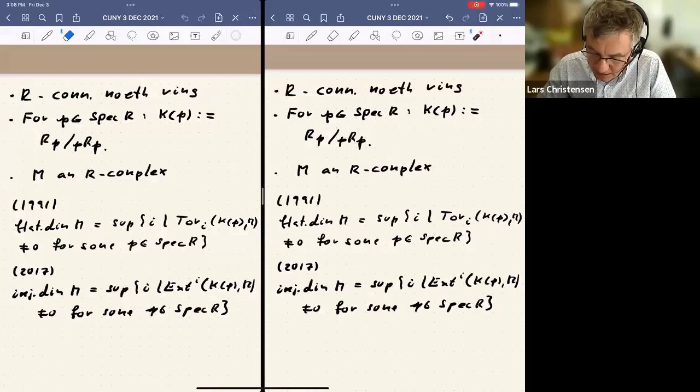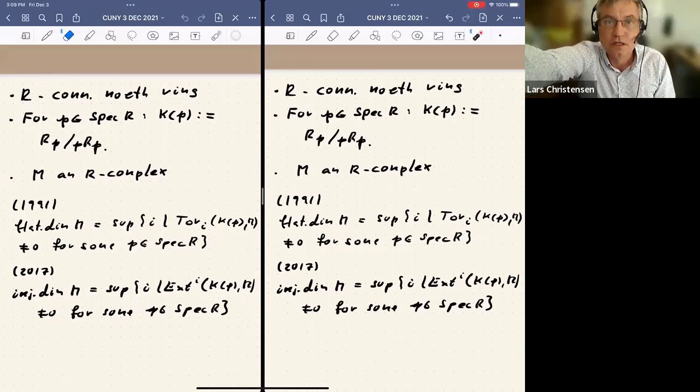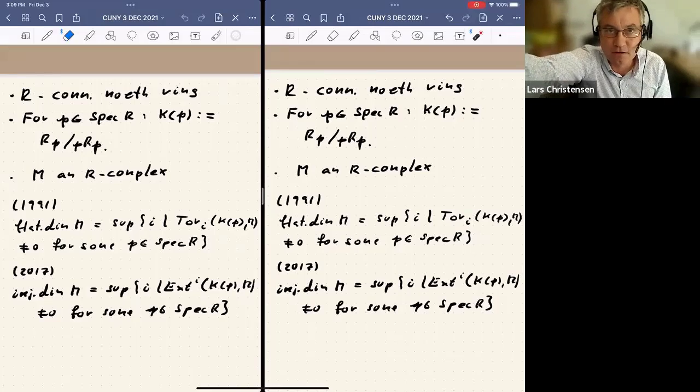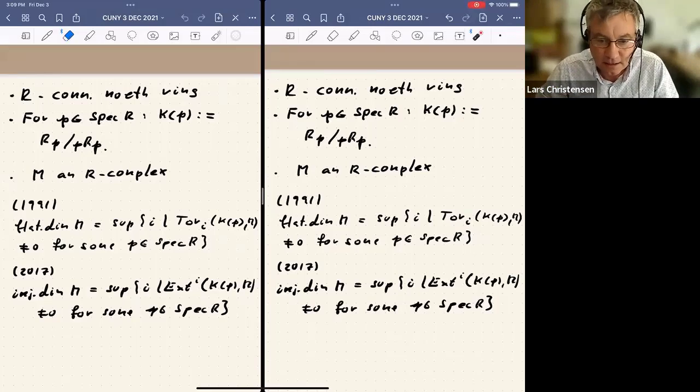The idea being, can I find a bound so that if Tor i vanishes for all residue fields at some i that's big enough, then I can say with confidence that I don't need to check the larger i's? The larger i's will then also just vanish. That's what I call rigidity in this context. So in principle, the idea is to get rid of at least one infinity.